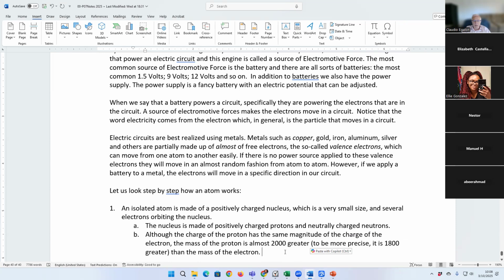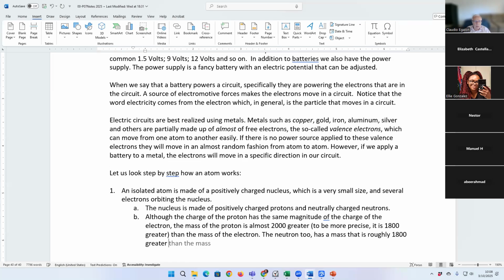The neutron is the same situation. The neutron too has a mass that is roughly 1,800 times greater than the mass of the electron.